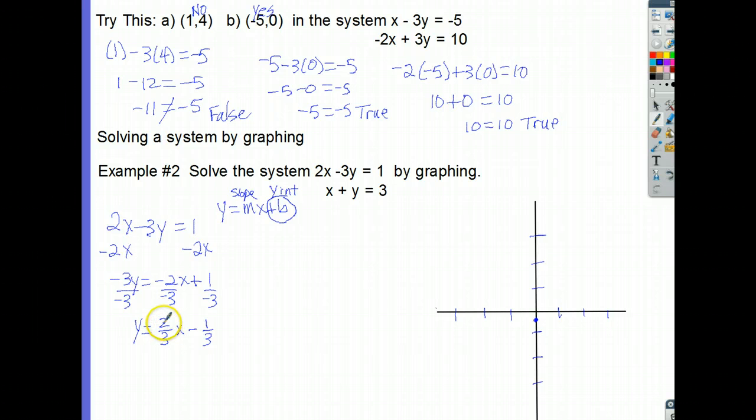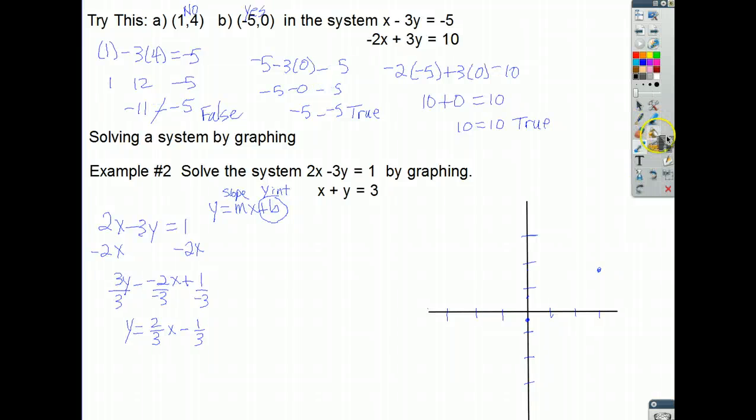From the y-intercept, I go up 2 and to the right 3. 1, 2, 3. Okay, and we're going to put a straight line through those.